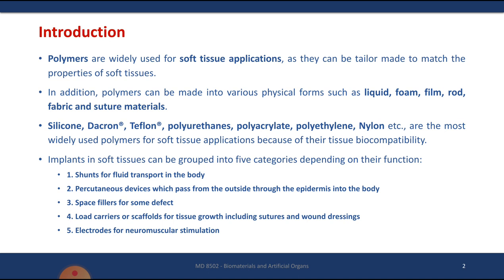Such things are made of biomaterials because we can't just take any metal and keep it inside the muscle, as the muscle might get damaged. So that needle has to be biocompatible and the metal has to be non-toxic. These are the things we consider for the implants in soft tissues.